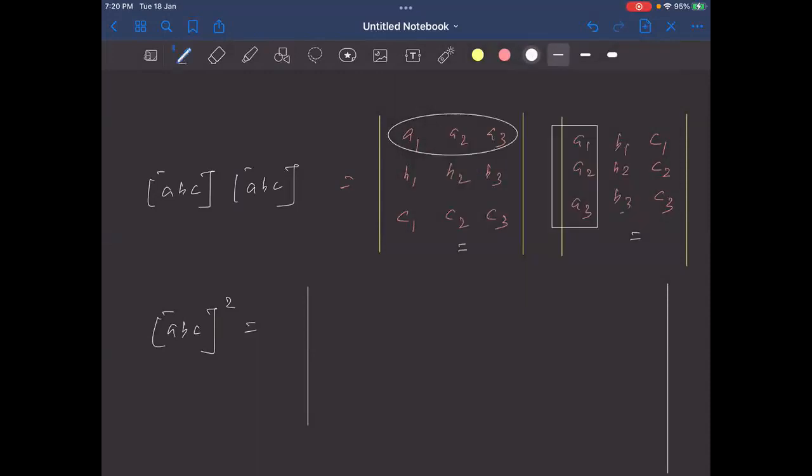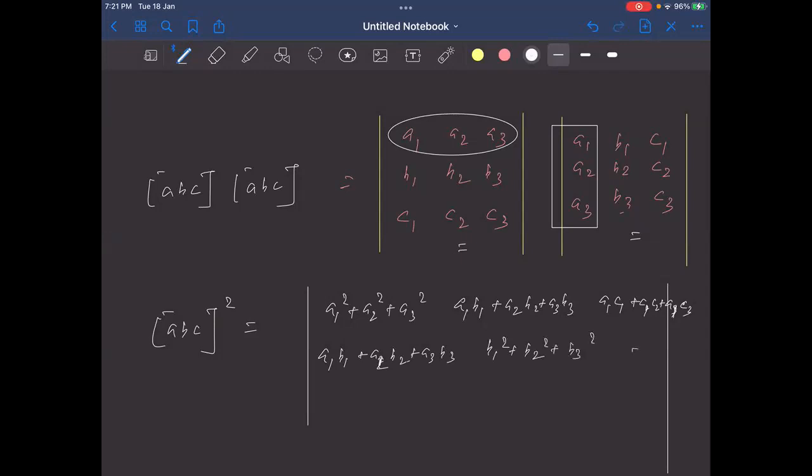What do we get? ऐसा आएगा स्ट्रक्चर. देखो A1 B1, फिर सेकेंड को करेंगे तो यहाँ पे बन जाएगा A1 B1 प्लस A2 B2 प्लस A3 B3. यहाँ पे हो जाएगा B1 स्क्वायर प्लस B2 स्क्वायर प्लस B3 स्क्वायर.